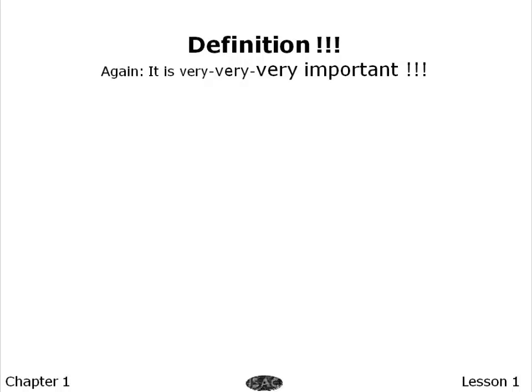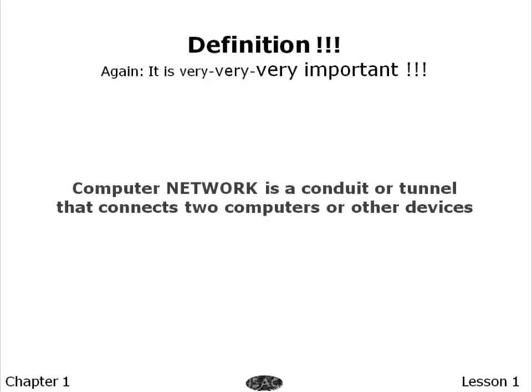So the computer network is a conduit, like you can see the wire, for example, a tunnel that connects two computers or other devices. Yes, it is another core moment of our course. Let's understand and discuss.